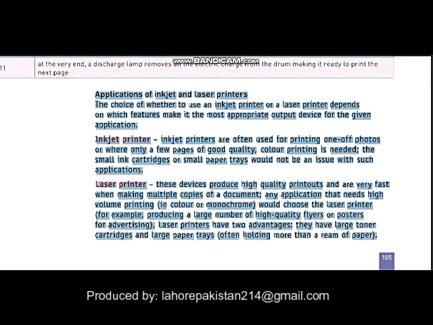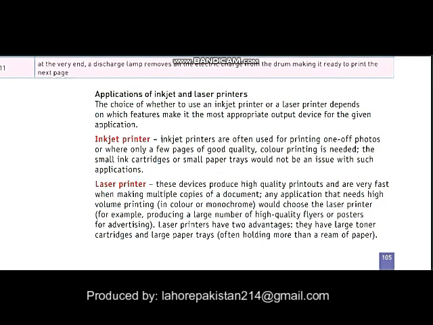Inkjet printers are often used for printing one-off photos where few pictures of good quality, excellent quality pictures, are required. When you require excellent quality pictures, you need an inkjet printer.